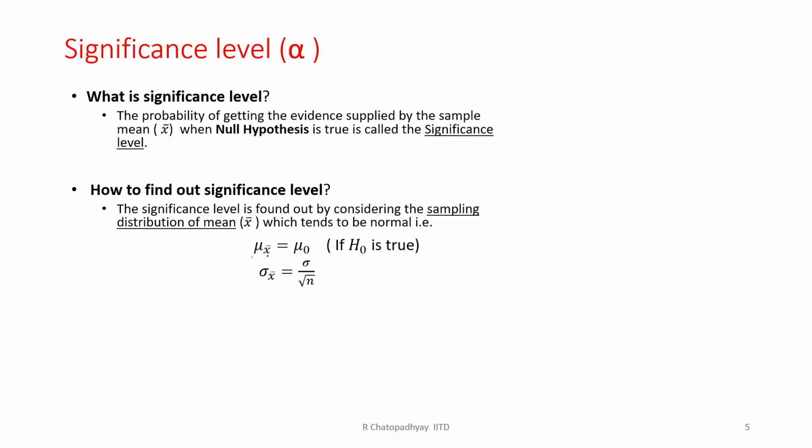That is, the mean of the sample mean is going to be the population mean if H0 is true, and the standard deviation of the sample mean is sigma by root n. We have already learned earlier how the standard deviation of sample means is related to the standard deviation of the population, and this we also call standard error.